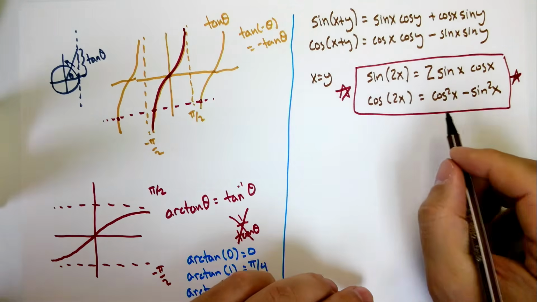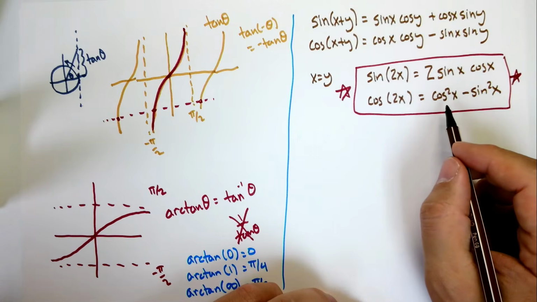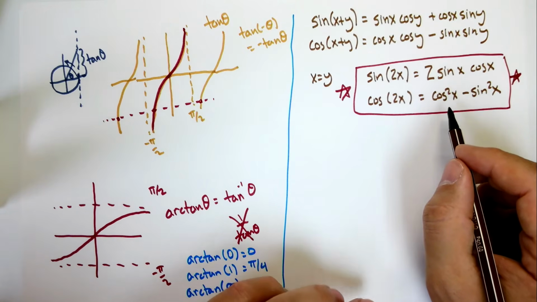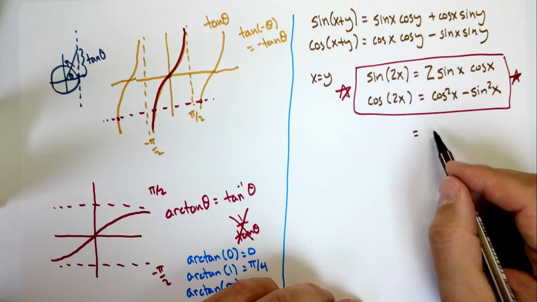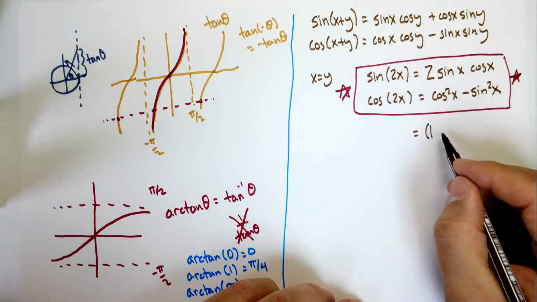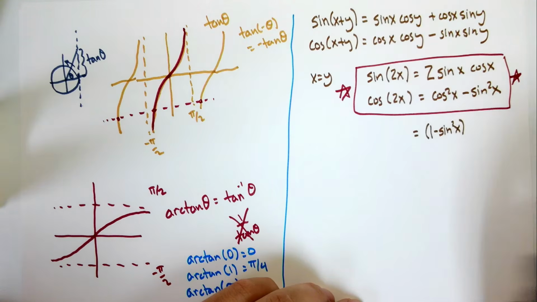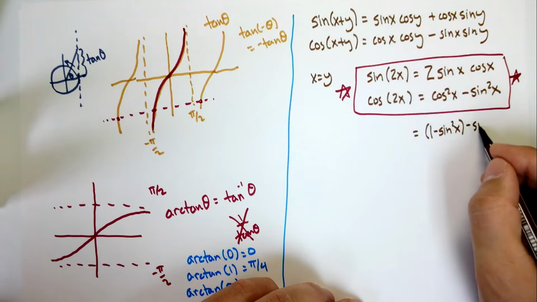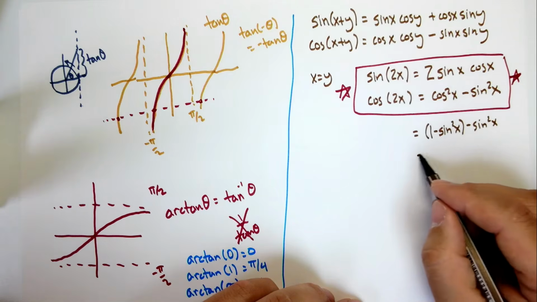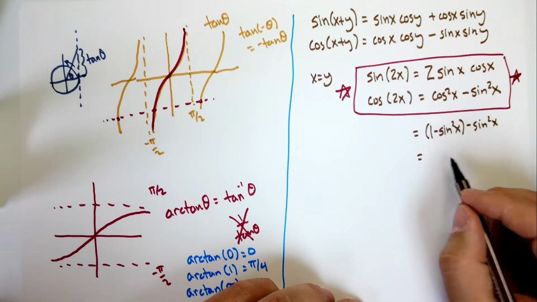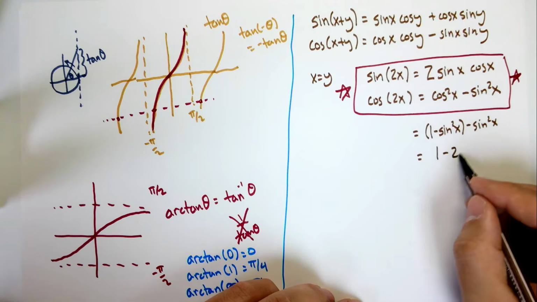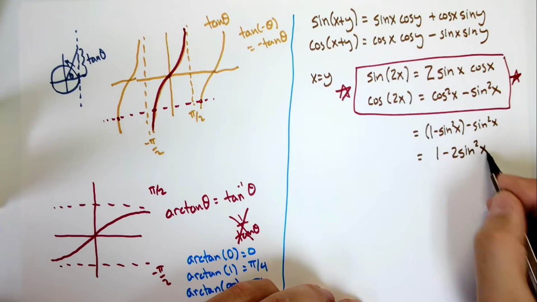But let's go a little bit further. Remember we said cosine squared is related. In fact, cosine squared is 1 minus sine squared, because cosine squared plus sine squared equals 1. So that's another way to say cosine 2x is 1 minus 2 sine squared of x.